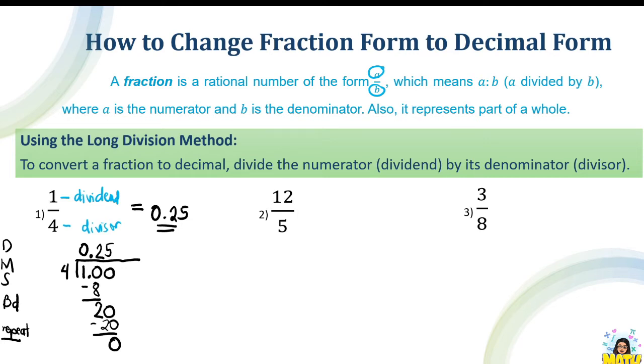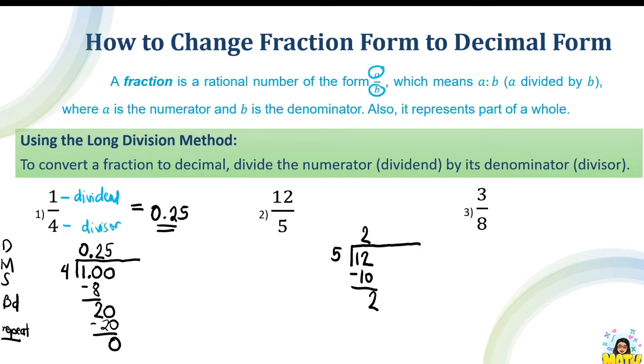Next, number 2, 12/5. Even if improper fraction pa ito, ganun pa rin ang process. The numerator 12 will be inside the division bar, while 5 will be outside. So we follow the rule DMS BD. Divide 12 divided by 5, 2, and 2 times 5, 10. Subtract, that is 2.